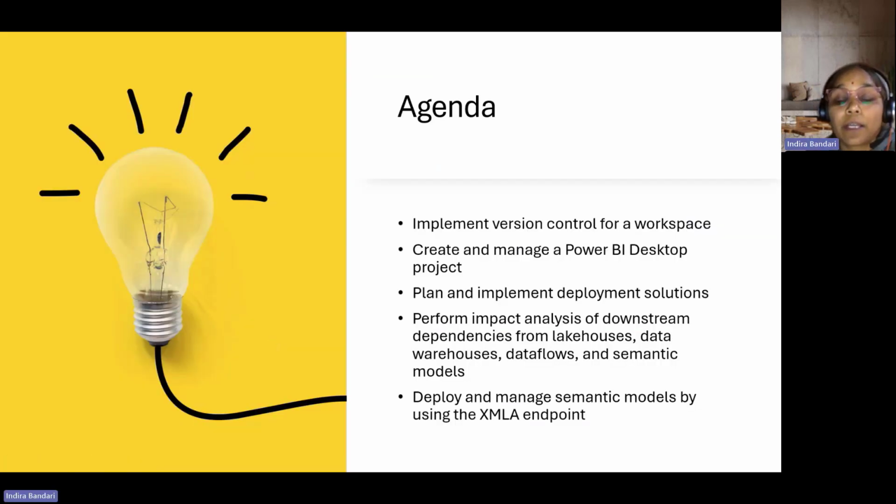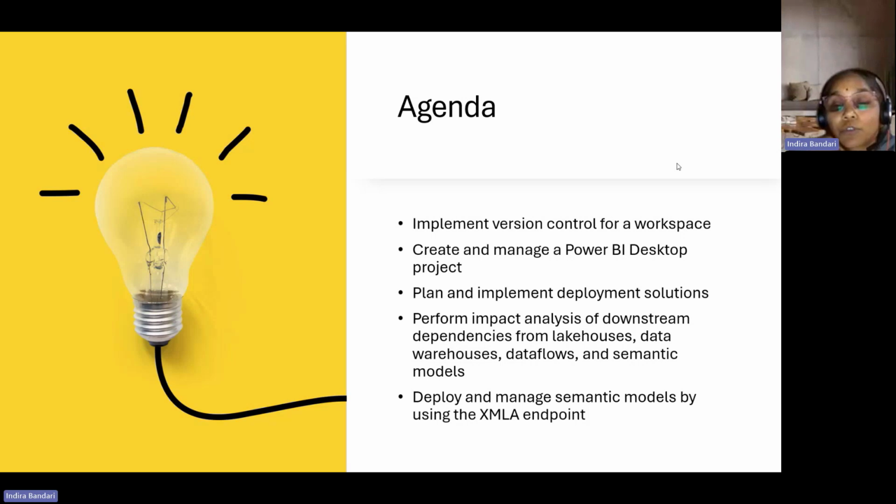Okay, let's look at the agenda today, what I'm going to cover. I'll cover the basics of what version control is before we start implementing the version control for a workspace, and also create and manage a Power BI desktop project, plan and implement deployment solutions, and also how we can perform impact analysis of downstream dependencies like from lakehouses, data warehouses, data flows.